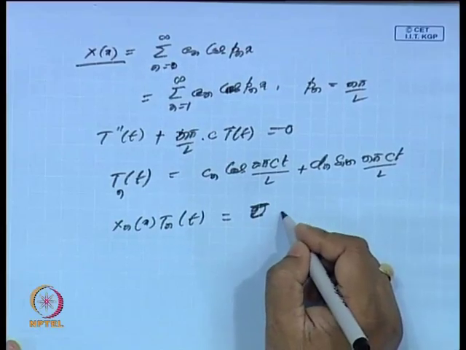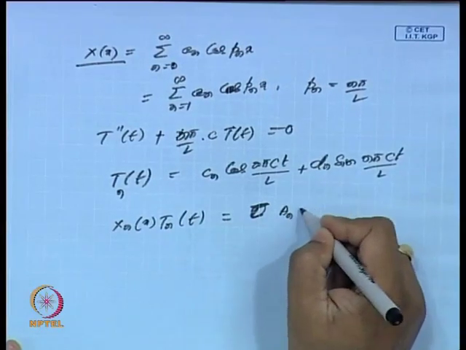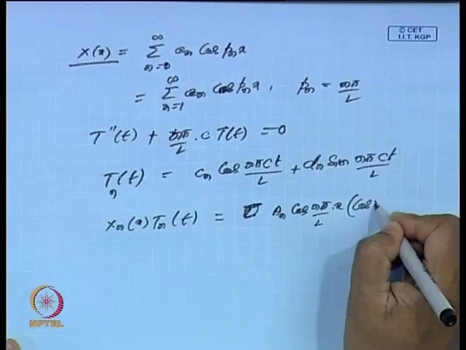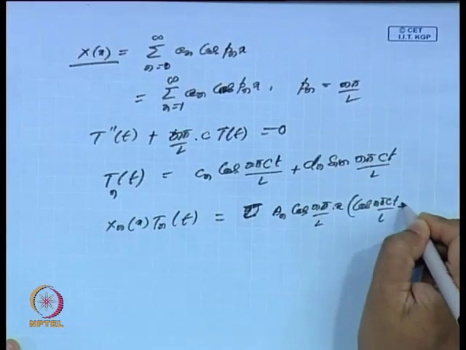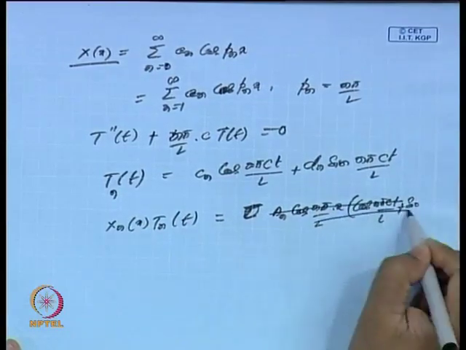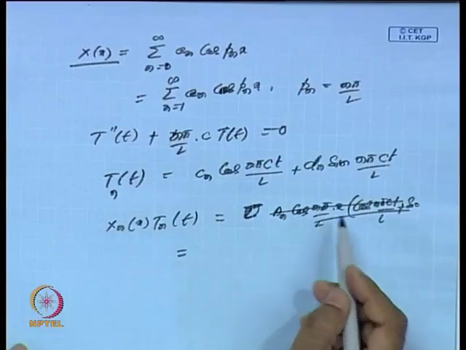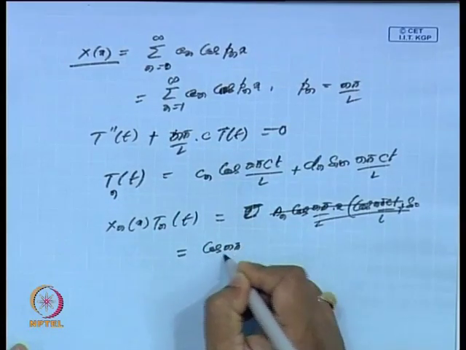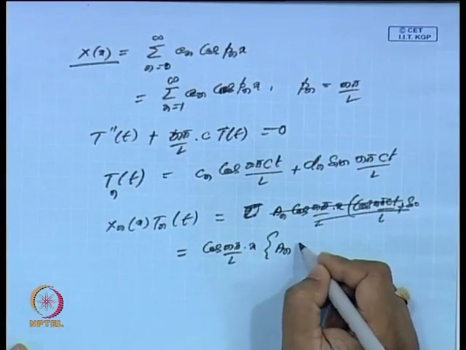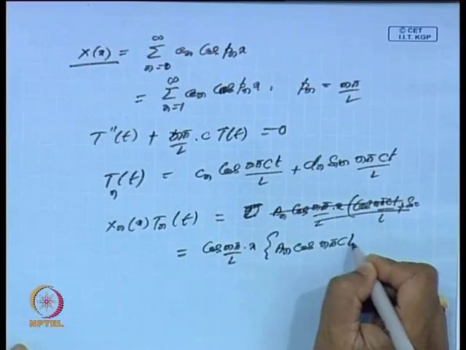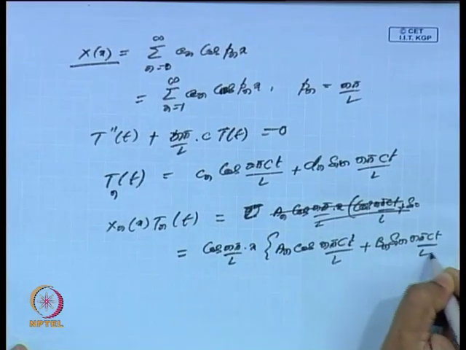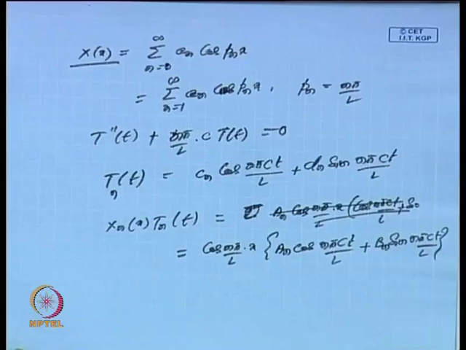So, I can call it some b_n or call it a_n cos n pi by L into x, and I can call this as a_n cos n pi c t by L plus b_n sin n pi c t by L. This is my X_n(x).